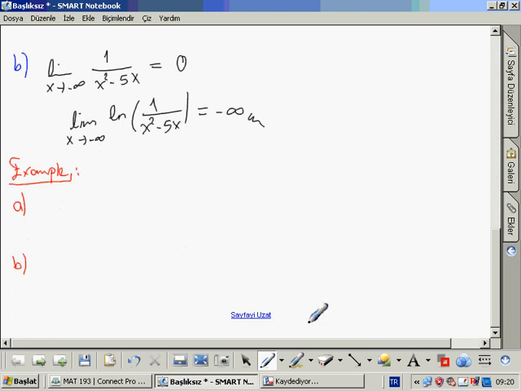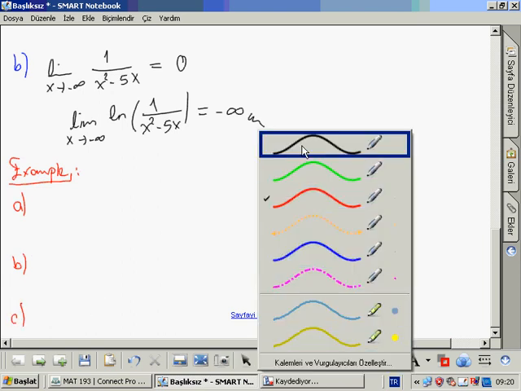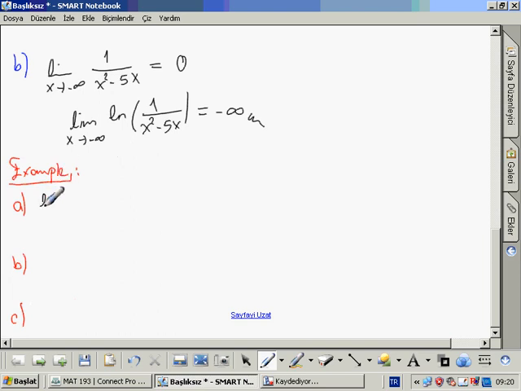The first one is the limit as x goes to infinity of inverse tangent x, or another name, arctangent x.